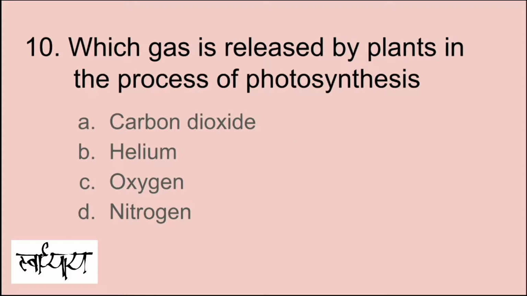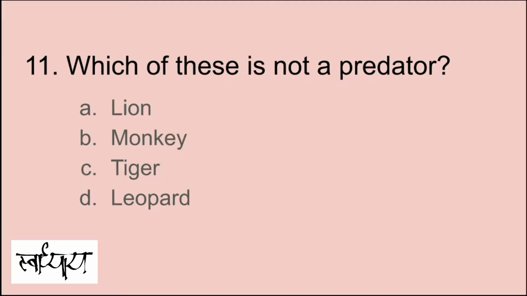Which gas is released by plants in the process of photosynthesis? Answer C. Oxygen. Which of these is not a predator? Answer B. Monkey.